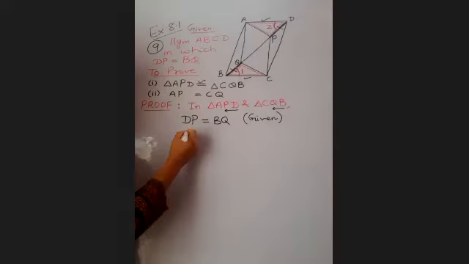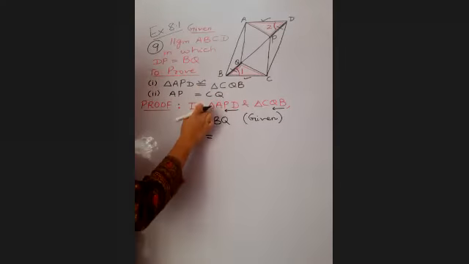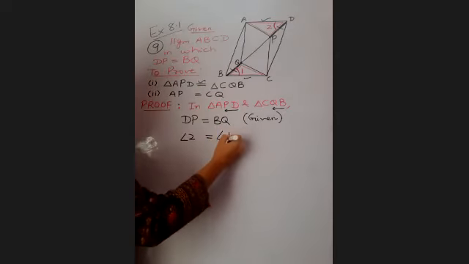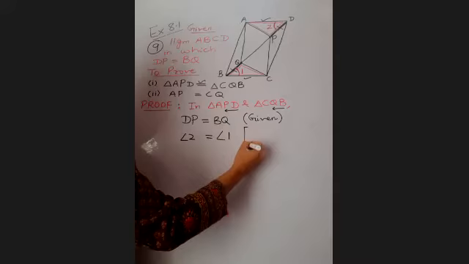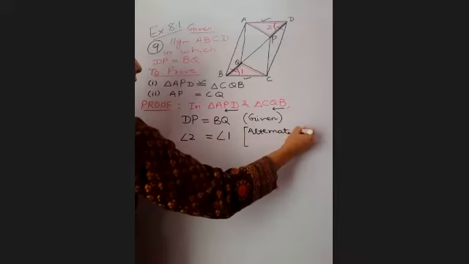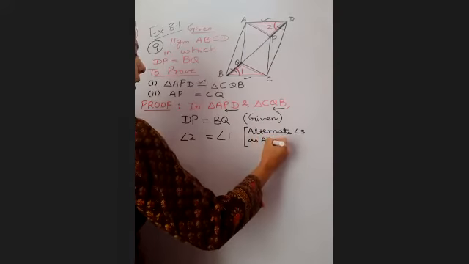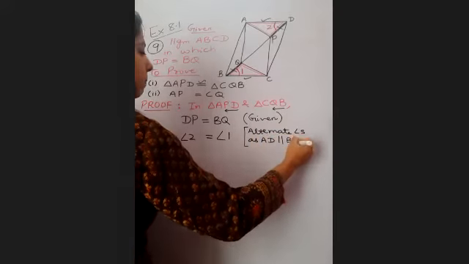Be careful. We are in the habit of writing 1 equal to 2, but 2 is here, the part of APD. Reason? Alternate interior angles, as AD is parallel to BC.